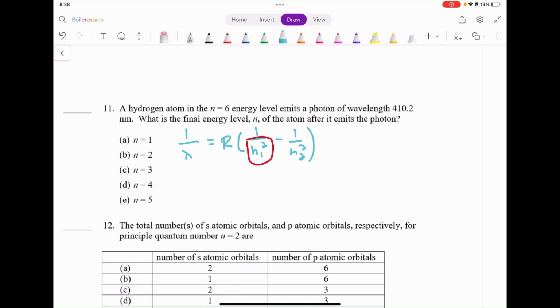So if we start plugging stuff in, first let's convert 410.2 nanometers equals 410.2 times 10 to the negative 9th meters. So 1 over that.